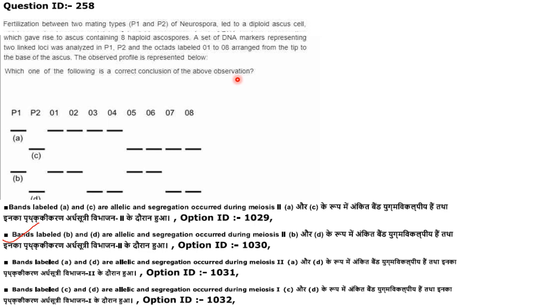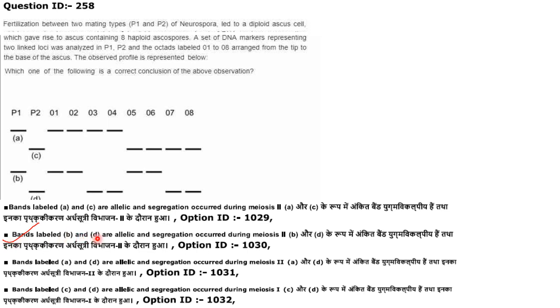Now we will read the statements. Bands labeled A and C are allelic and segregation occurred during meiosis 2. So this is the A band, this is the C band. It is in a 4:4 ratio, 1, 2, 3, 4, 1, 2, 3, 4, and it is a first division segregation ratio. So it should be meiosis 1 and not meiosis 2. So the first option is not correct.